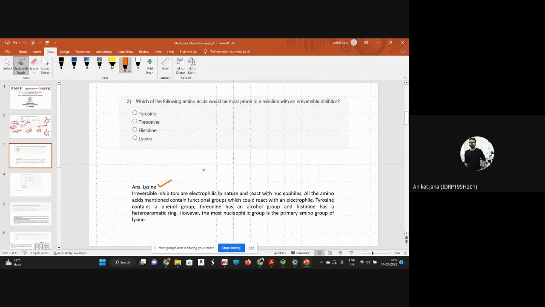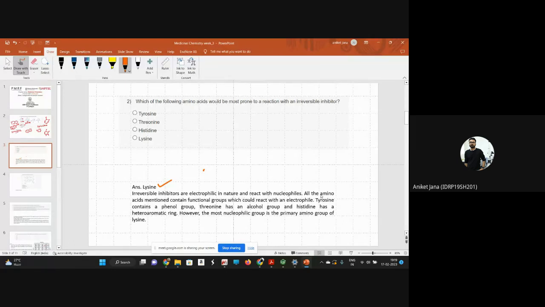From the term we can know that it is electrophilic, that it has an affinity towards the electron, so definitely it is an electron deficient species, and nucleophilic is an electron rich species. So irreversible inhibitors are electrophilic in nature and react with the nucleophile.